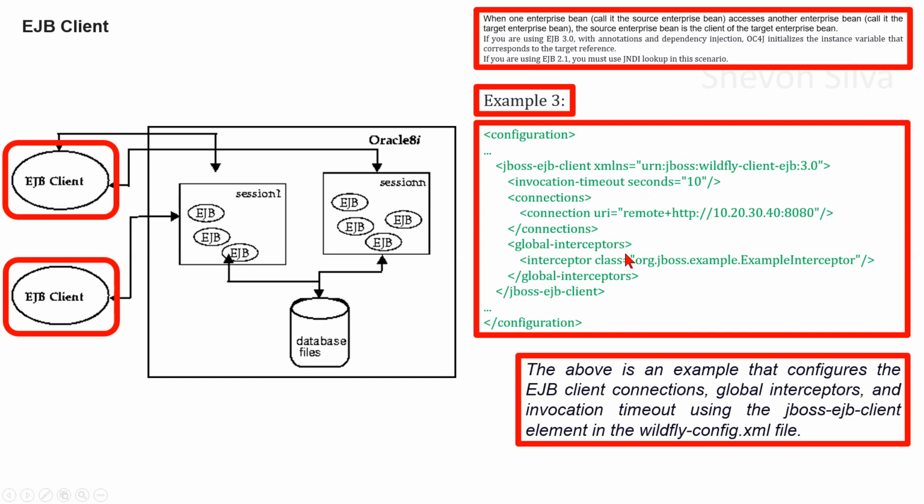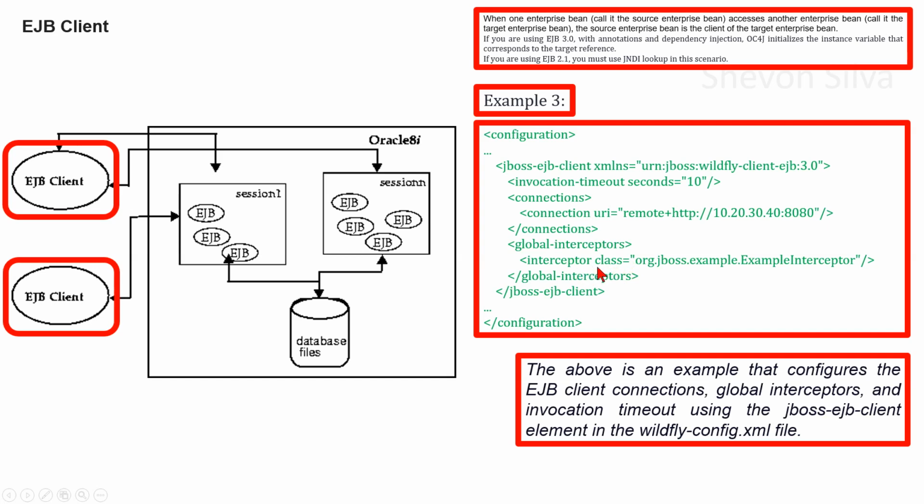Global-interceptors: this optional element specifies the global EJB client interceptors. It can contain any number of interceptor elements. Interceptor: this element is used to specify an EJB client interceptor. It has class and module attributes.